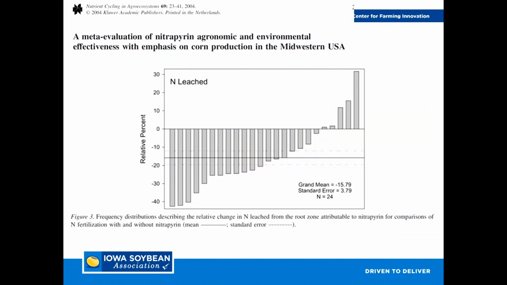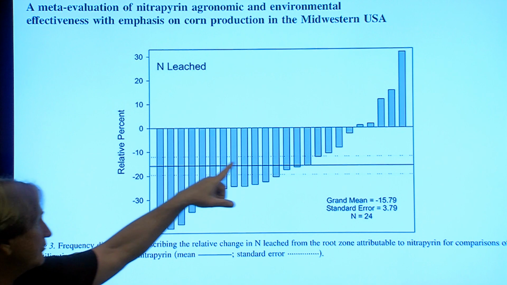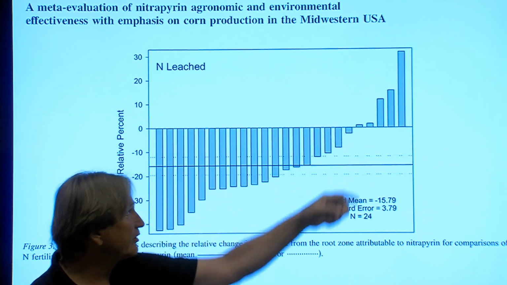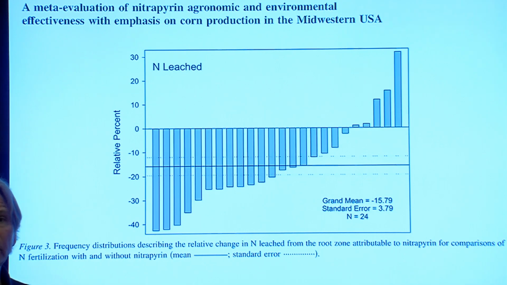Just to show you a picture from this study of what they're doing here, what I have on the y-axis is relative percent nitrogen leaching, and this is all of the studies that they compiled together. What I want you to notice is that these inhibitors were reducing nitrate leaching by 50%, and in some cases they increased it, and we don't quite understand why that is, but no management practice wins every time.